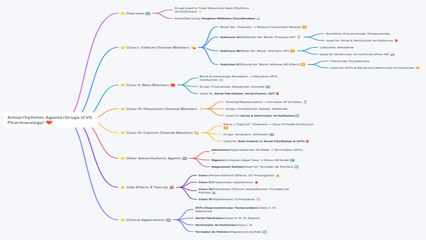And class 1C is a very strong sodium blockade with minimal effects on APD. You can think of drugs like propafenone and flecainide. The effects: there's marked conduction slowing and no effect on repolarization, and it's used in AFib, AVNRT, the SVTs, but it's contraindicated in post-MI due to pro-arrhythmic risk.